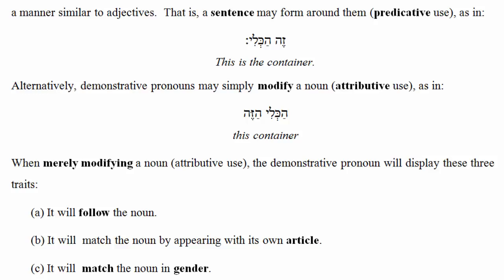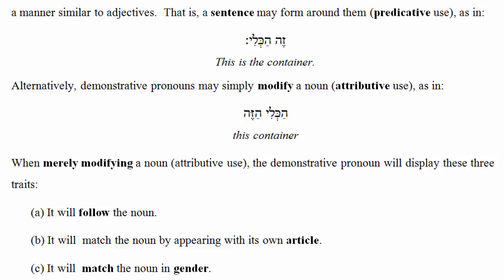Part A, the demonstrative pronoun must follow the noun. So in the phrase hakali hazeh, kali comes first, ze comes second. Second, both of them will have an article, both the noun and the demonstrative pronoun, just as it would have with an adjective. Hakali hatov, now it's hakali hazeh.